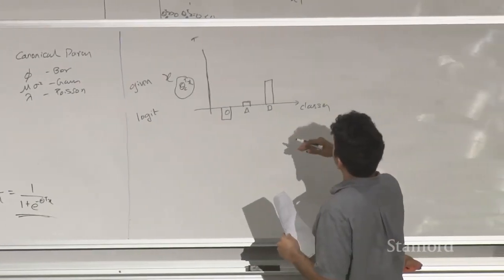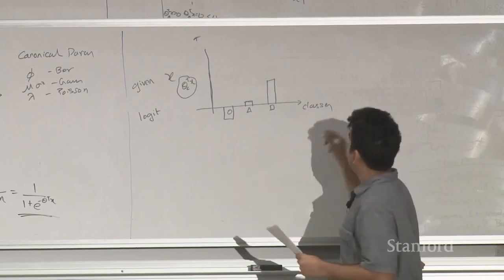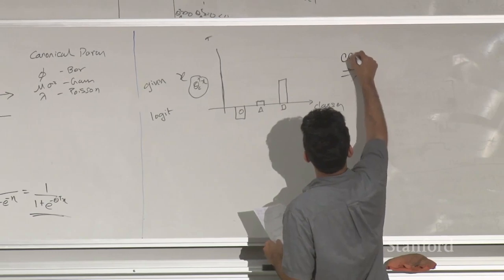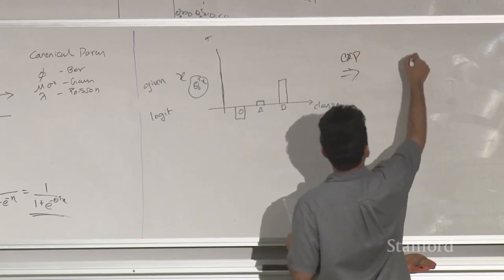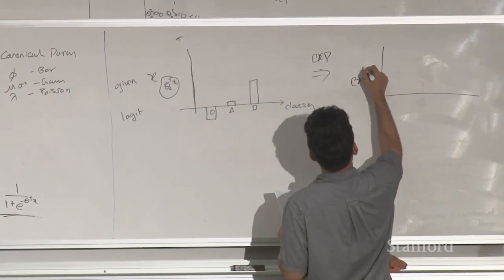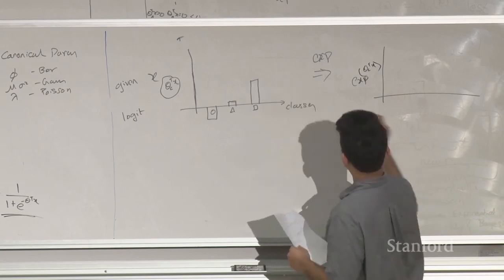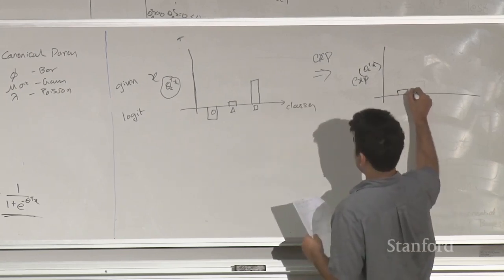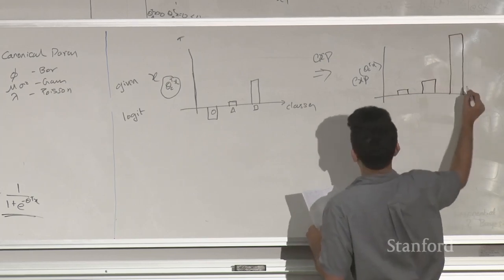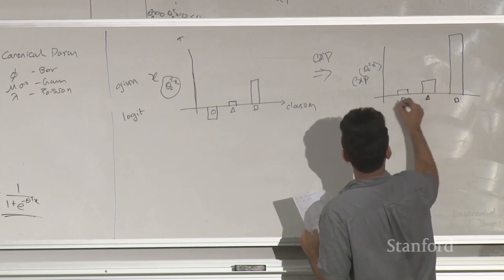Our goal is to get a probability distribution over the classes, and in order to do that we perform a few steps. First we exponentiate the logits, so now it is exp of theta class transpose x, and this makes everything positive, for squares, triangles, and circles.